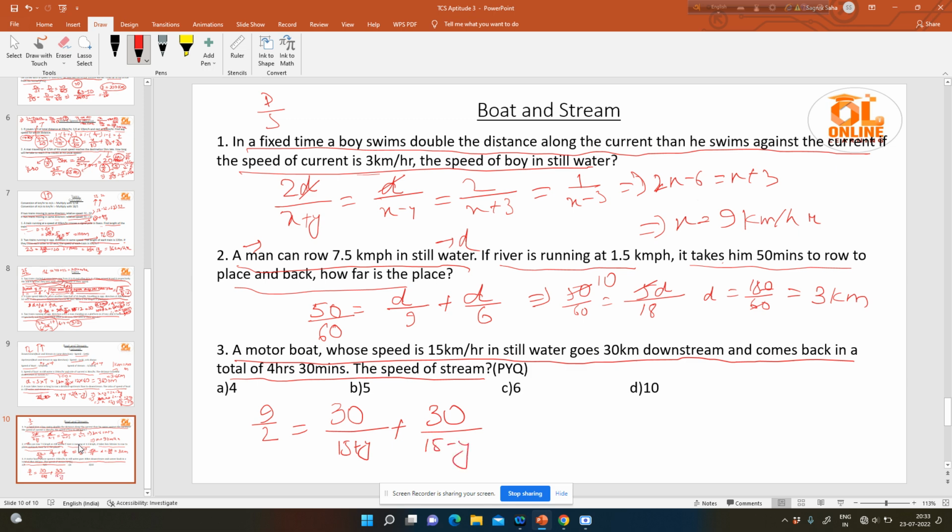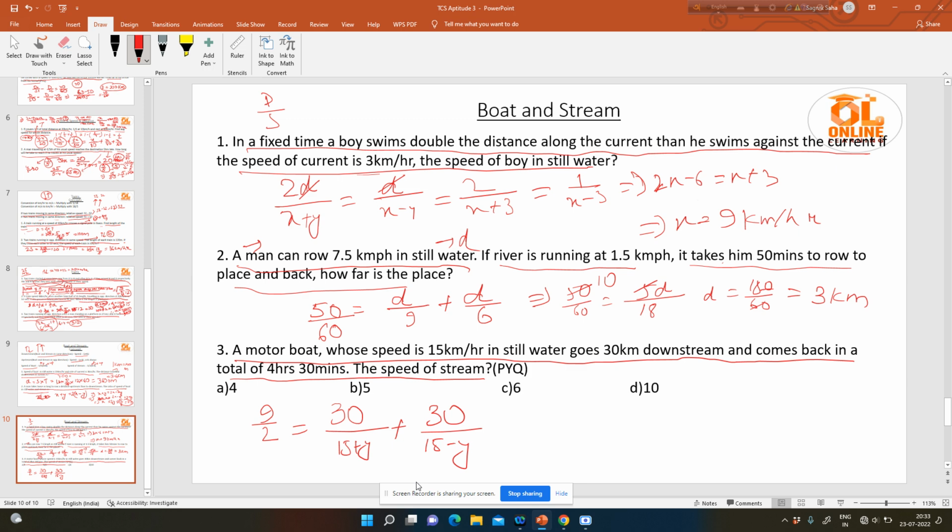We can solve this equation, but if we try to solve this type of equation, we have to multiply for the LCM, it would be 15 plus y into 15 minus y, so the equation will become quadratic. And in the exam, you have very little time. So how to do this type of question in a quicker way in the exam?